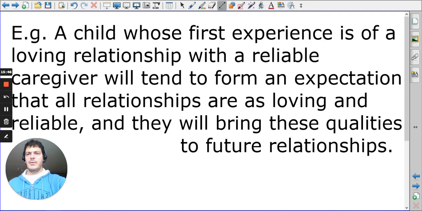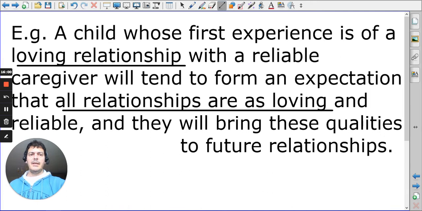So the example could be this: if your first experience is loving, then of course you are going to form the same type of expectations that all relationships are loving. So in other words, it's like a template as well. That's another way you could describe this, that your initial attachment bond with your primary caregiver forms this template for future relationships, and that becomes important to us.